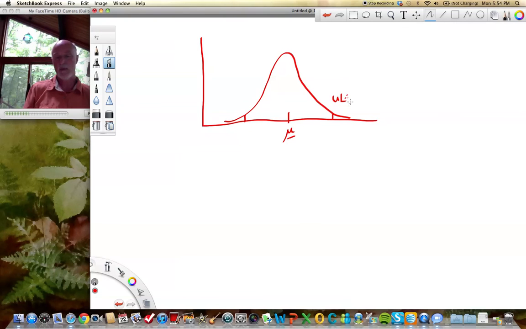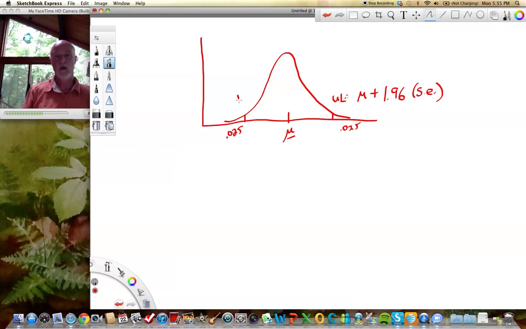The upper confidence limit would be mu plus, if we had 0.025 in this tail and 0.025 in this tail, 1.96 times the standard error.